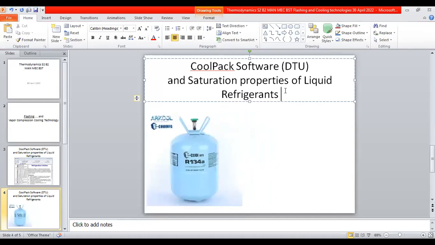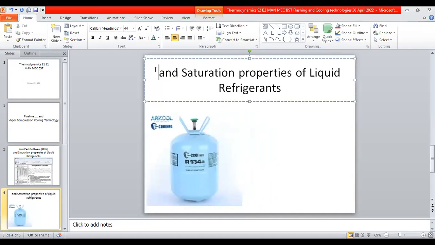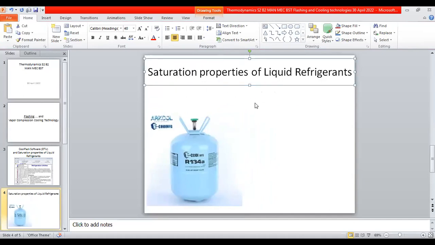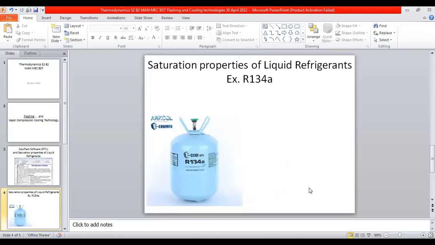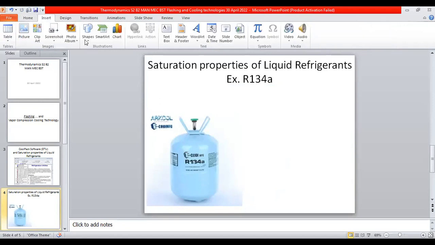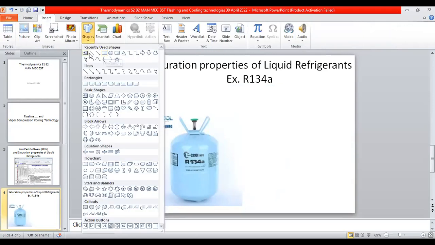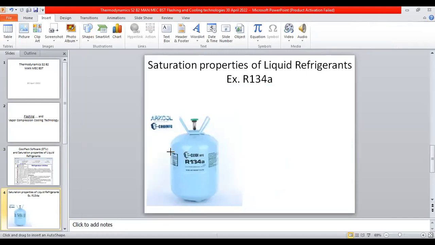So, example here, I will take R134A. Here you can see a portion.